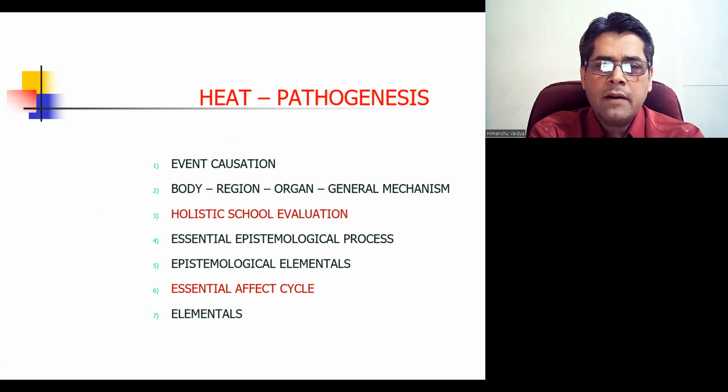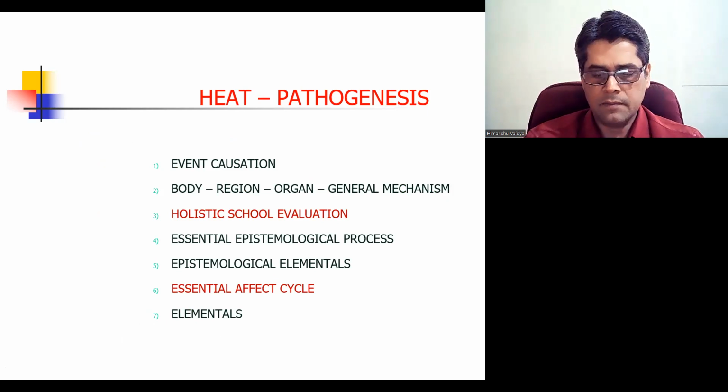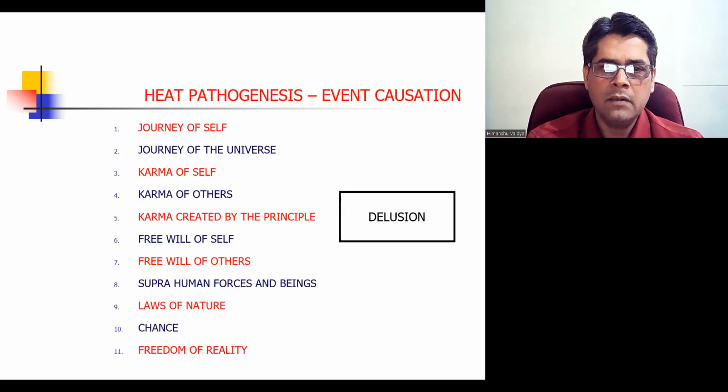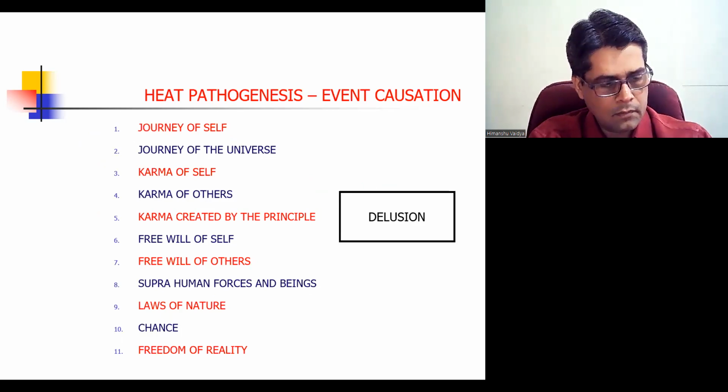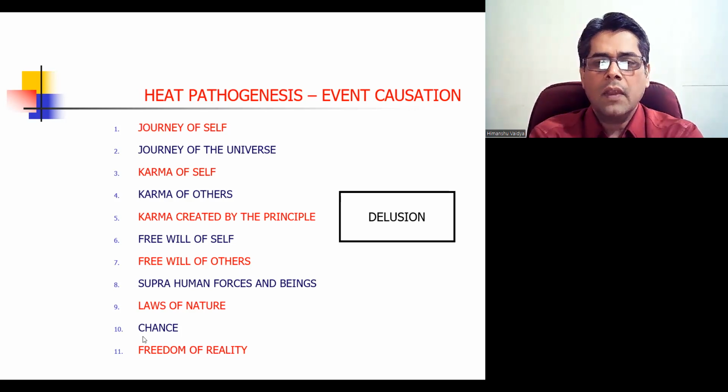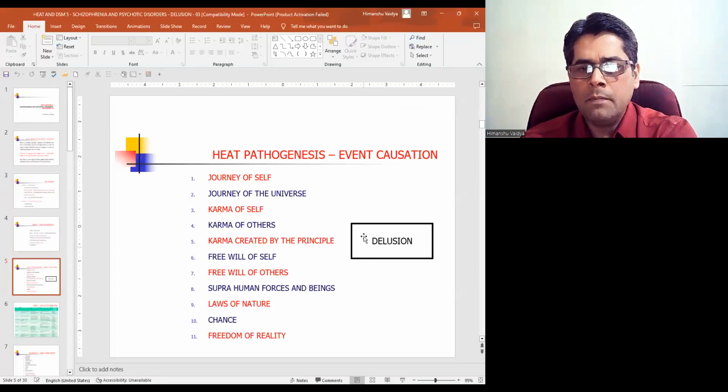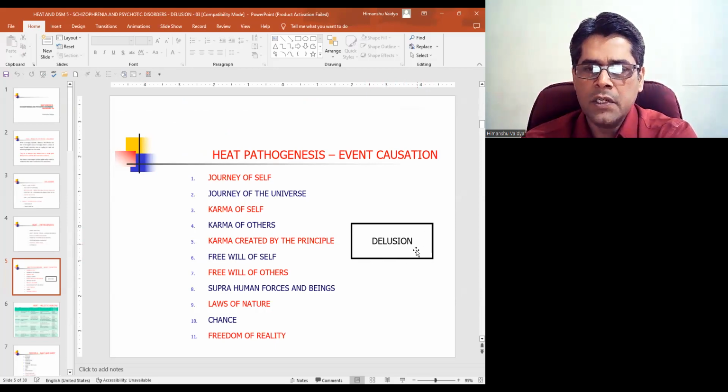Then we'll take a look at the 7 elements of the heat model, starting from event causation, ending with elemental analysis. Let us look at it one by one. First, the problem is of delusion, and delusion, a psychopathology, is an event occurring in the mind.